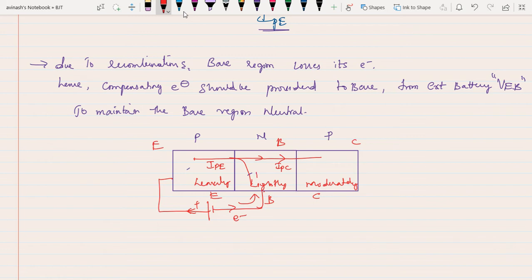So the resultant current will be nothing but IPE minus IPC. Hope that point is clear to everyone. This is the collector base junction, this is VCB, and this is VEB.